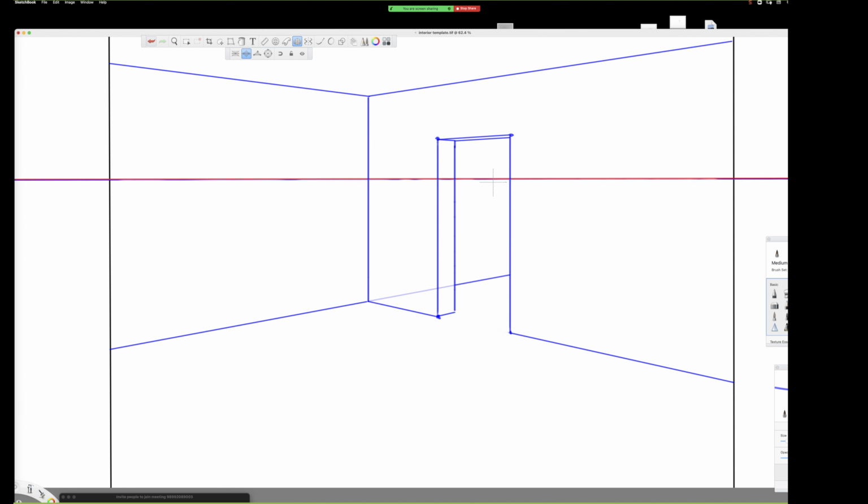Let's put a corner in this room. Let's make this area a corner that we can see through the doorway. How would we do that?